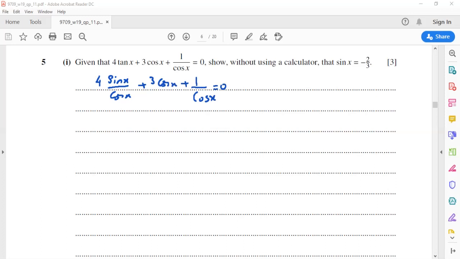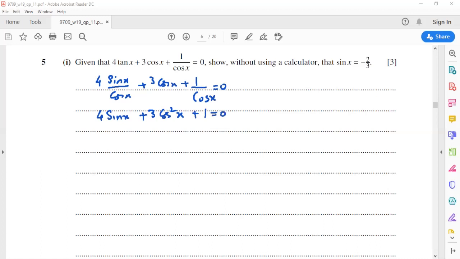Now what do we do? Just multiply by cos everywhere to finish the denominator. So it's going to be 4 sin x plus 3 cos square x plus 1 equals 0.